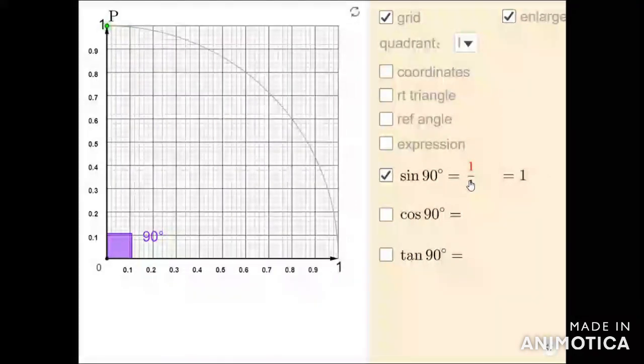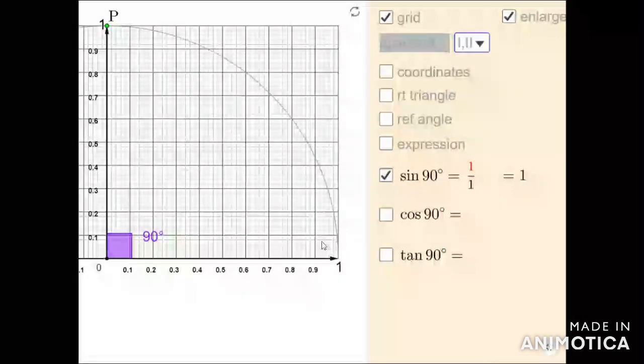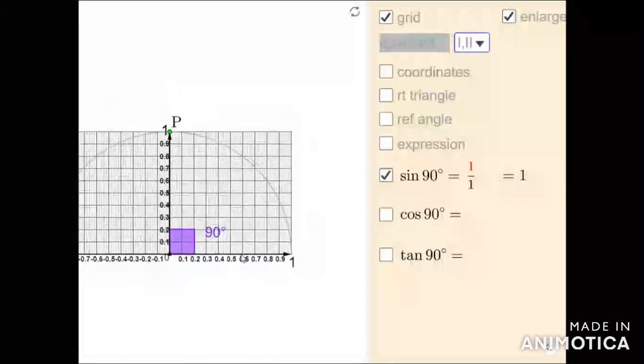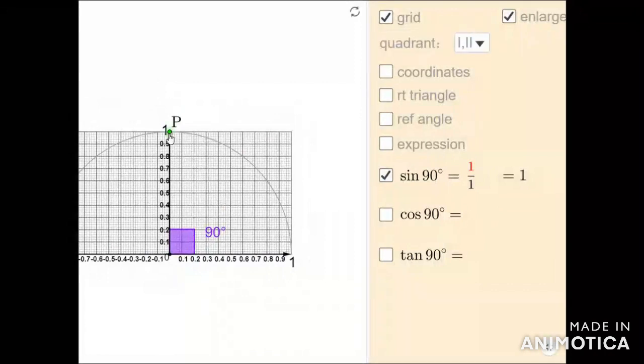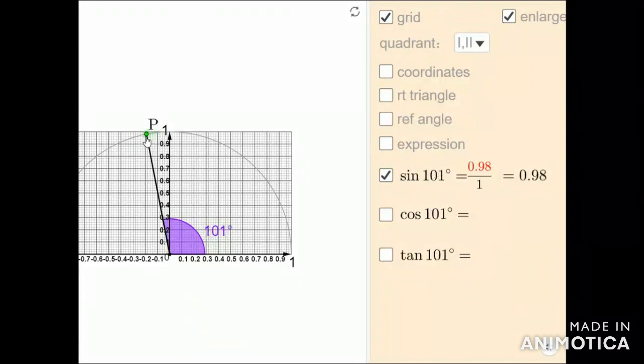And it is possible to increase the value of x further, and then the angle will reach the second quadrant. If it is in the second quadrant, how to get the value of sin x? You just observe. If you still increase it, the value of sin x reduces.